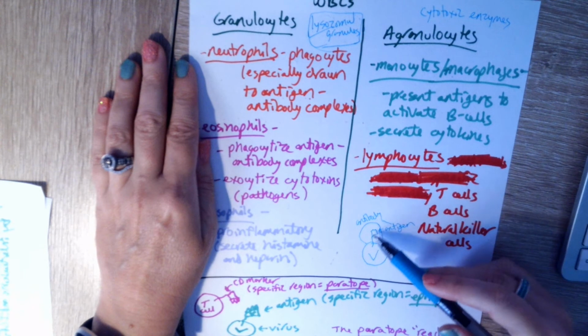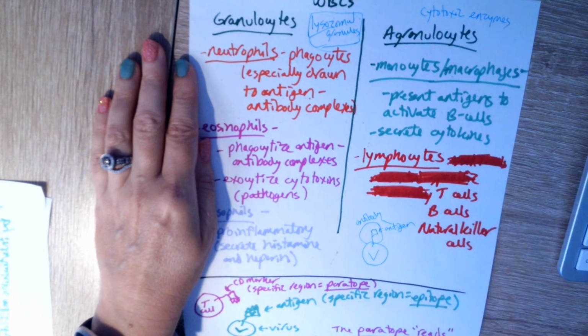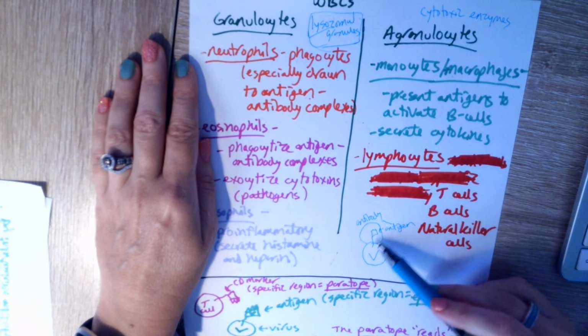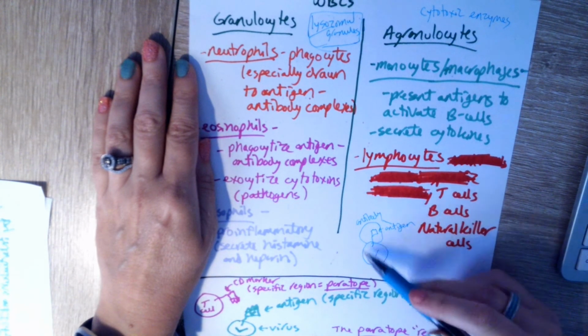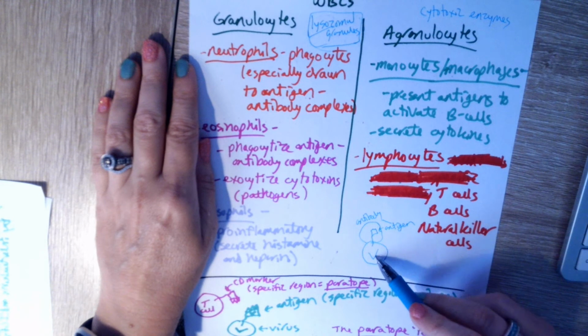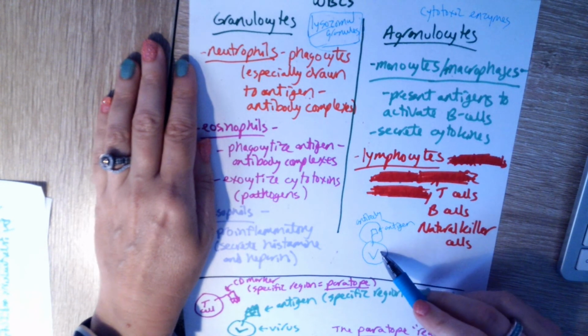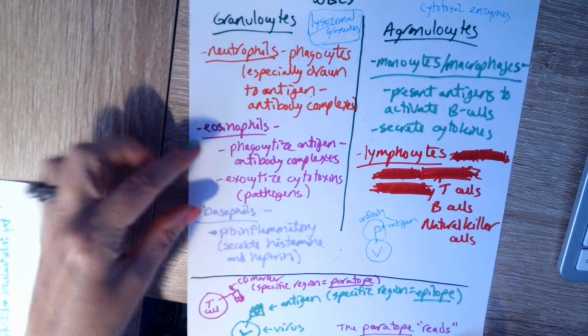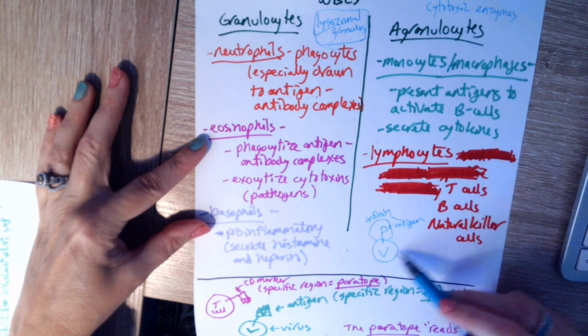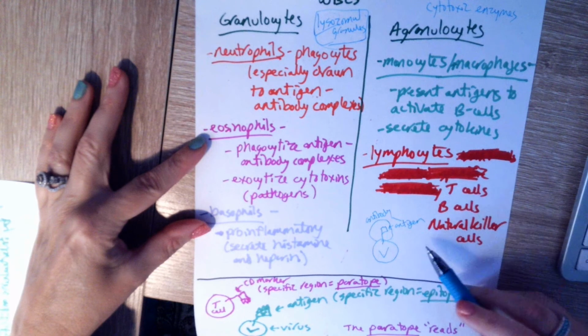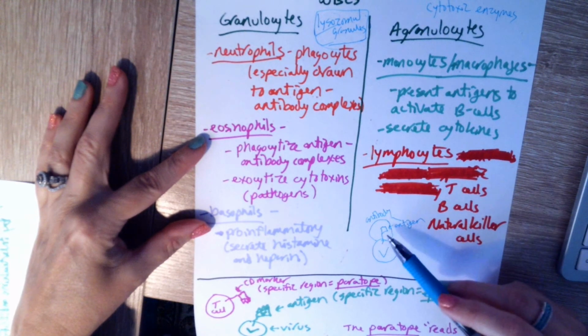And this is really attractive to a lot of phagocytes. They're like, oh, that looks like something yummy to eat, and they just engulf it and digest it, essentially marking this virus or bacteria, whatever it is, for destruction. Now, eosinophils and basophils can both phagocytize pathogens.